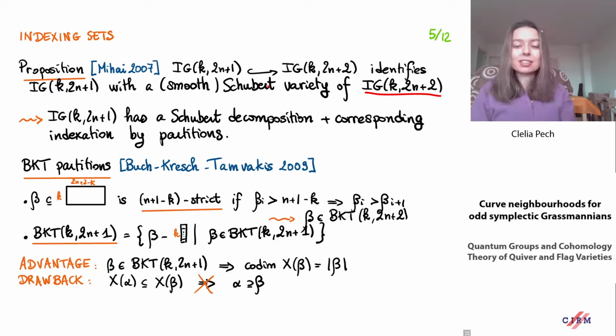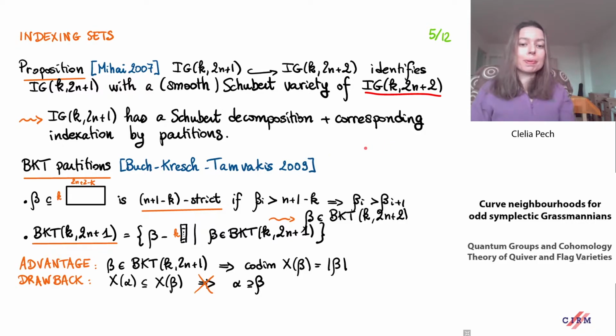And that means that it inherits a Schubert decomposition. And so, whatever indexing set I have for Schubert varieties in symplectic Grassmannians, I can have a subset of this, which is going to index my Schubert varieties for out-symplectic Grassmannians.